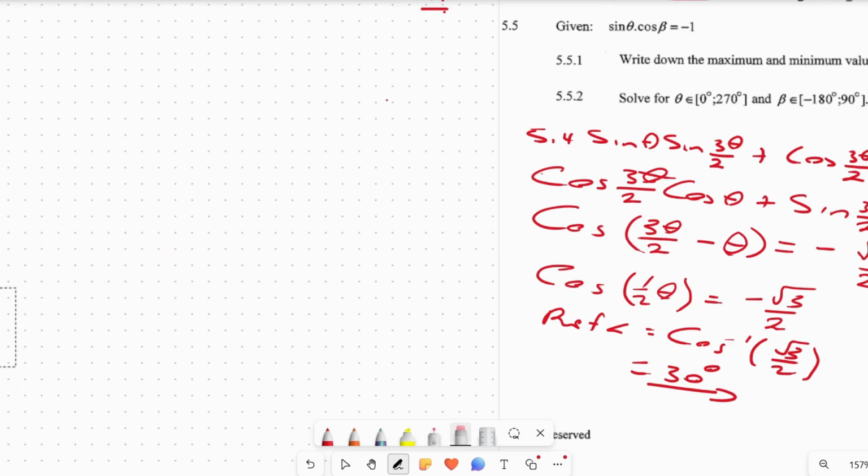They say that you are given sine theta, then cos beta equal to negative 1. So write the maximum value of cos theta. So 5.1, let me look at that.